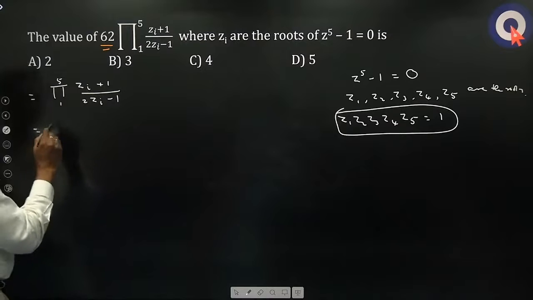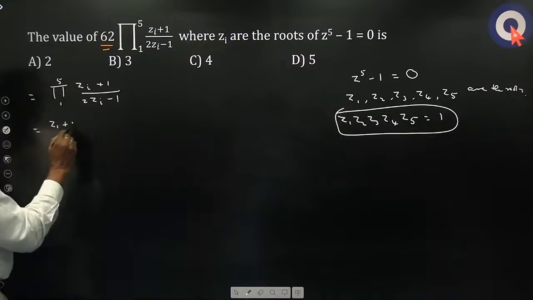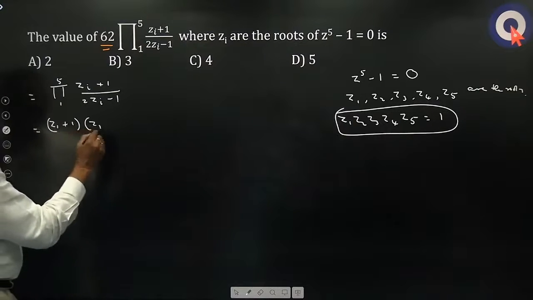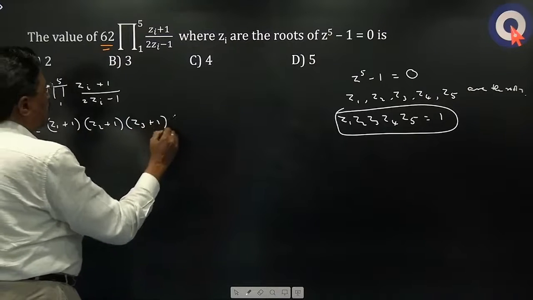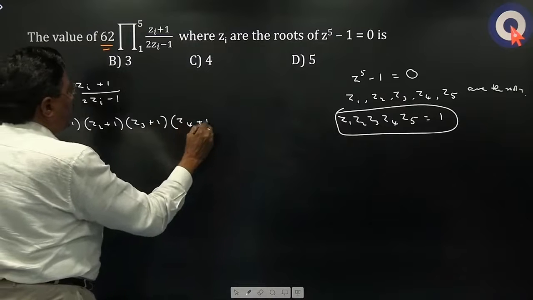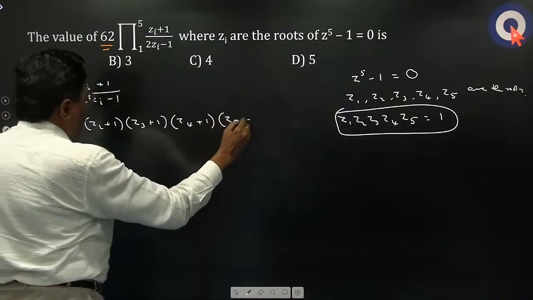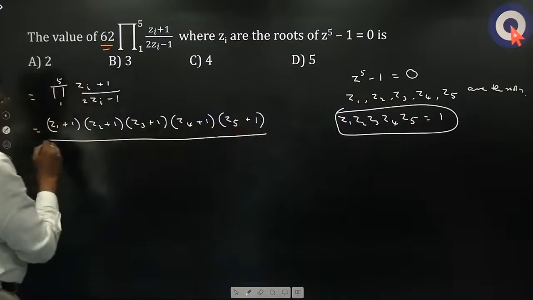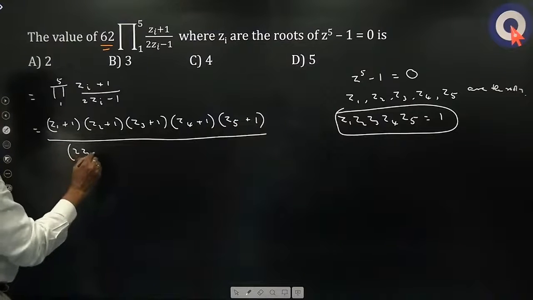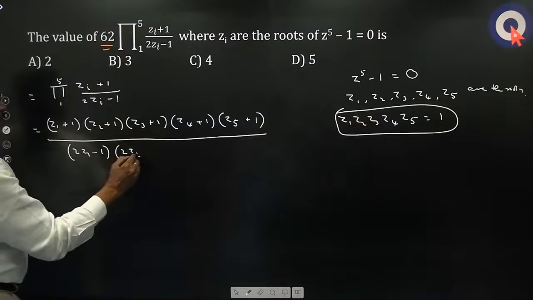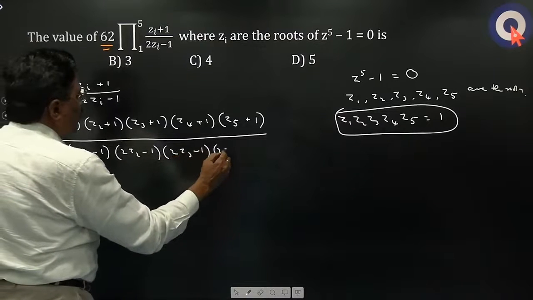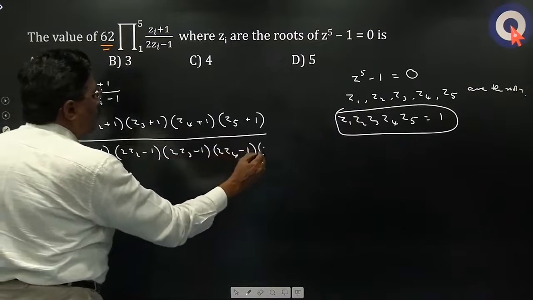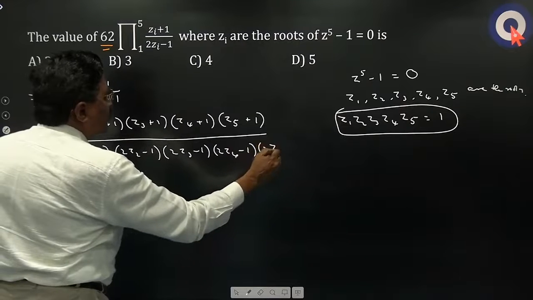So this is (z1 plus 1)(z2 plus 1)(z3 plus 1)(z4 plus 1)(z5 plus 1) by (2z1 minus 1)(2z2 minus 1)(2z3 minus 1)(2z4 minus 1)(2z5 minus 1).